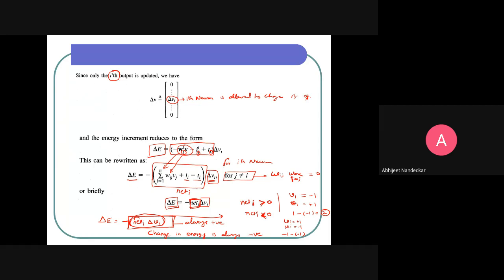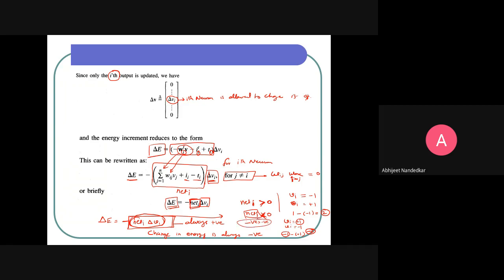Am I right? Earlier it was +1, now it is -1. So -1 minus +1 will be -2, multiplied by net, which is already a negative number. So negative into negative will give you positive.